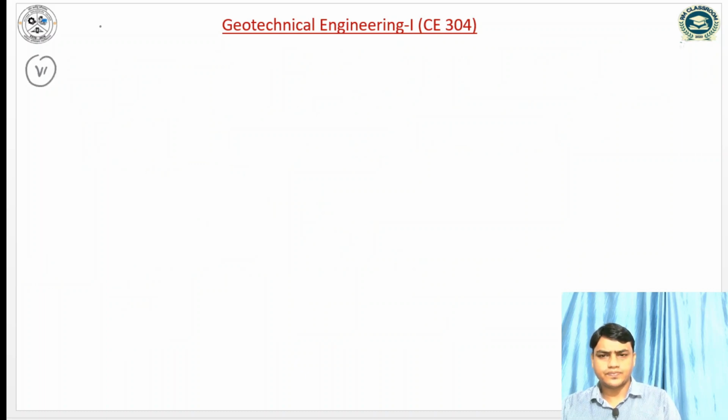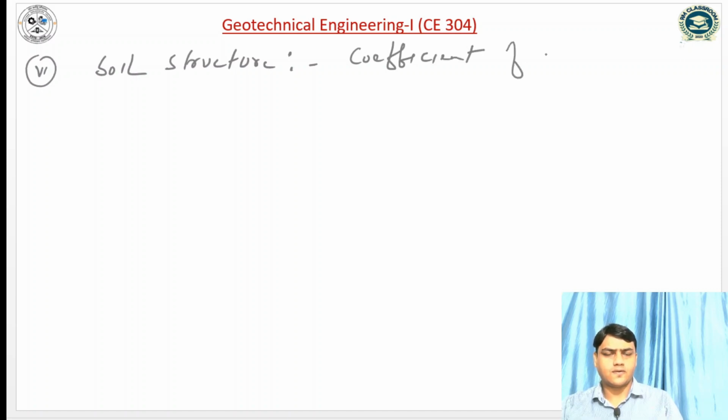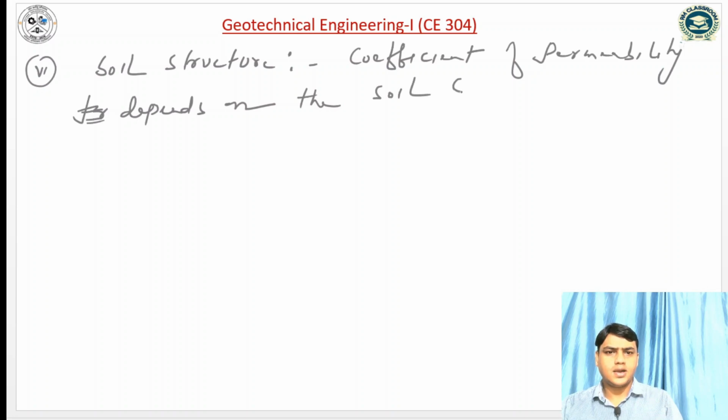Next is soil structure. The coefficient of permeability depends on the soil structure also.